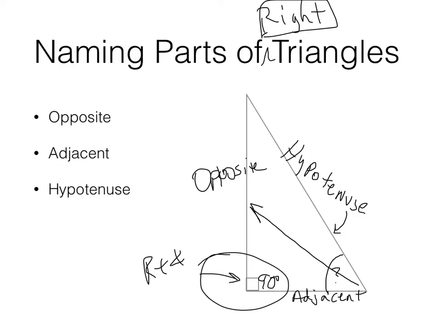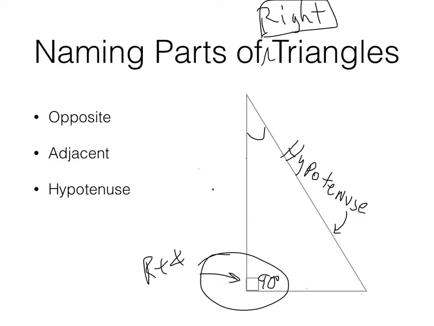Okay. Now, if we are talking about a different angle, say we want to talk about this other angle up here, this angle here, then the side that it opens up into will be labeled opposite, and the one that helps form it will be adjacent. So the opposite is the side the angle opens up to.